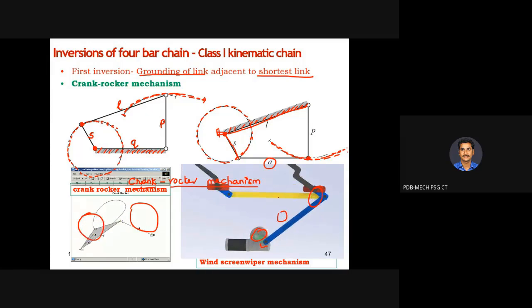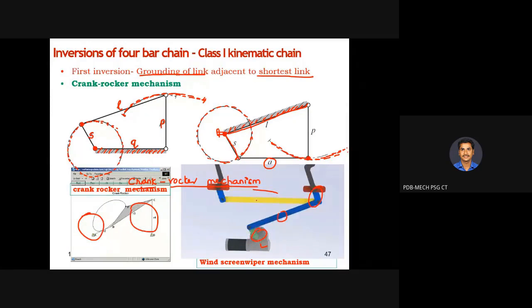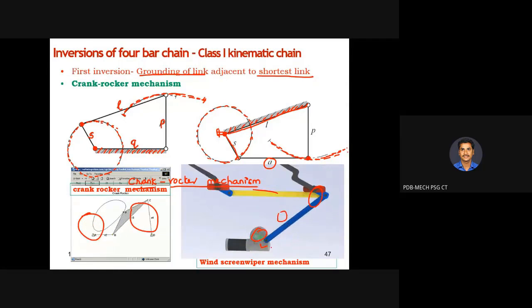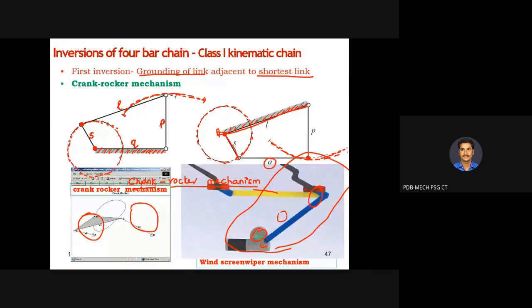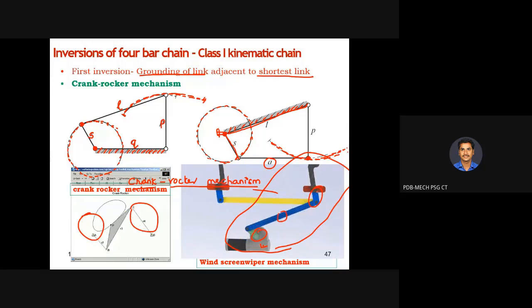Don't bother about this yellow color, and these are parallelly connected. So just look at this particular portion. The green color is the crank, this is the frame, this blue color is the coupler, and this other blue color is the rocker. So try to understand the motion of the rocker and crank.